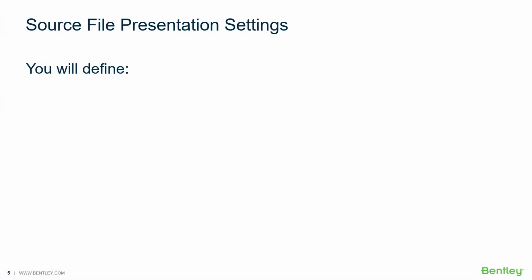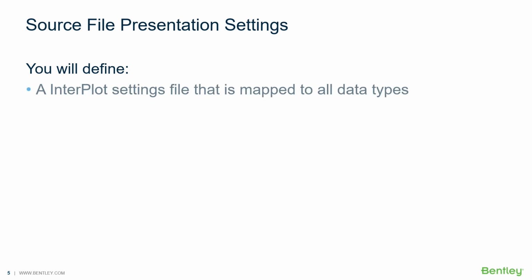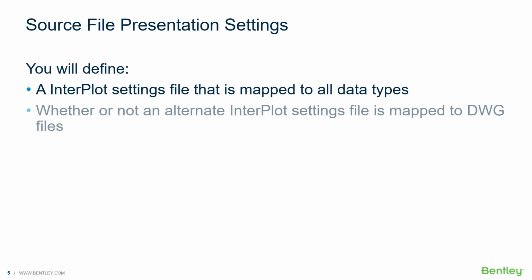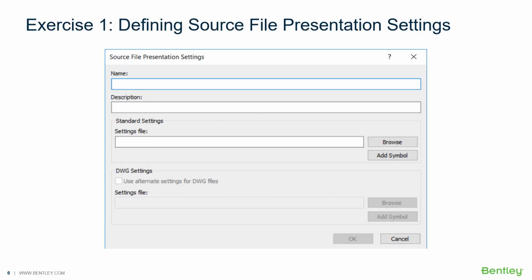For each source file presentation setting component you create, you will define an InterPlot settings file that is mapped to all data types, and whether or not an alternate InterPlot settings file will be mapped to your DWG files. In this exercise, you will define a source file presentation setting.